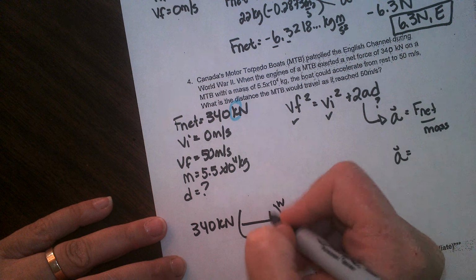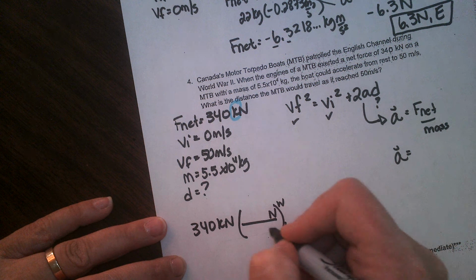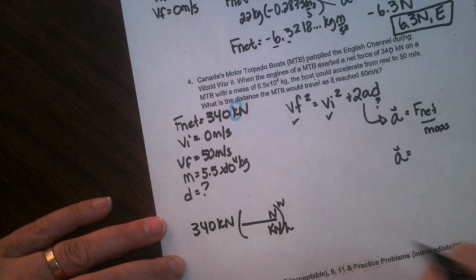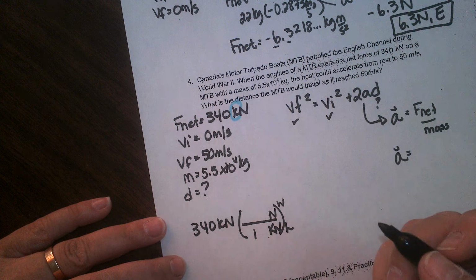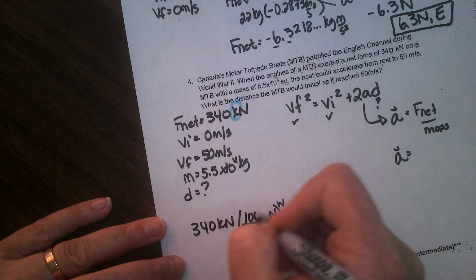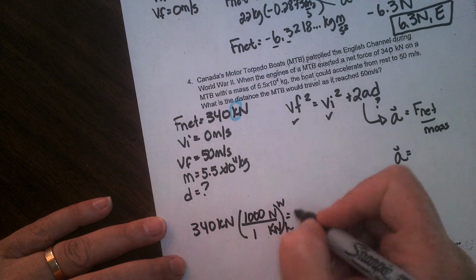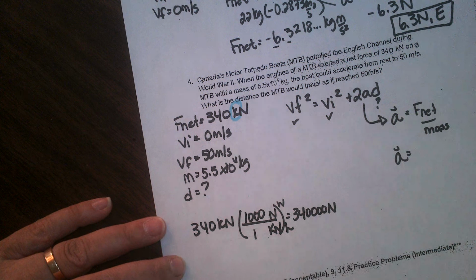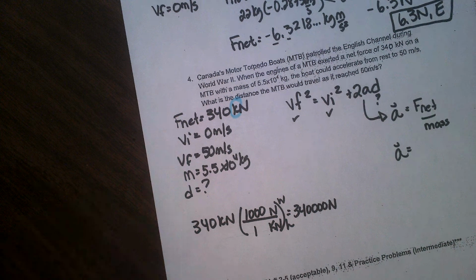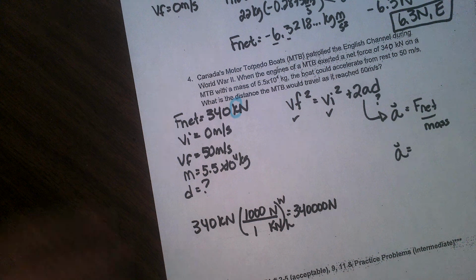I want a newton, and I have a kilonewton. In 1 kilonewton, how many newtons do you think there are? 1,000. Okay? Always make sure you're in the right unit. A kilonewton is not a newton.